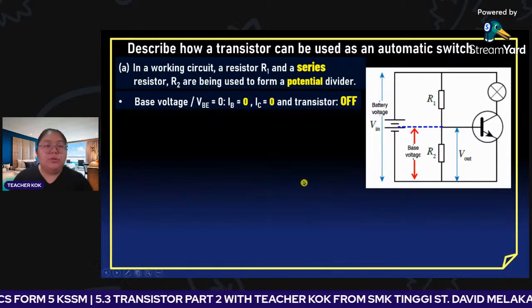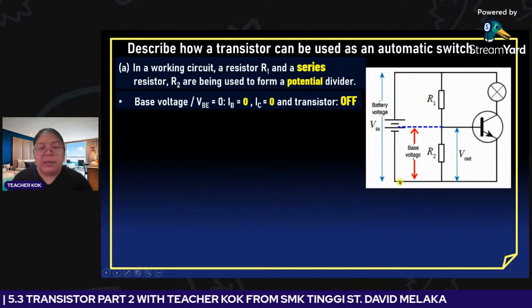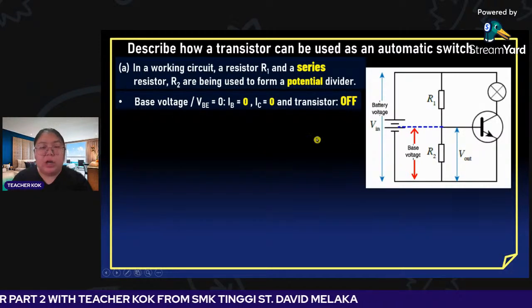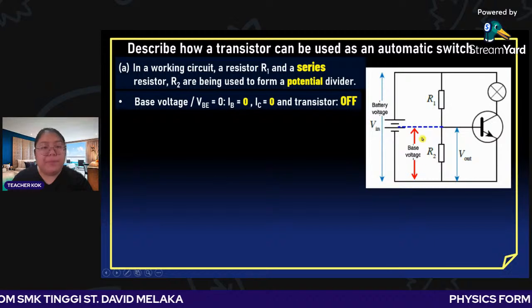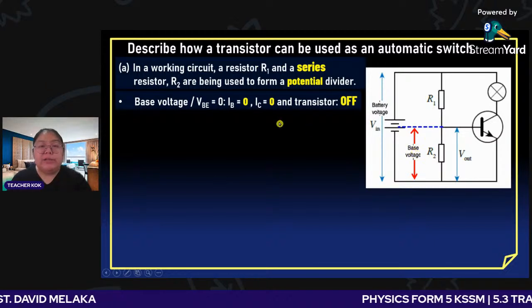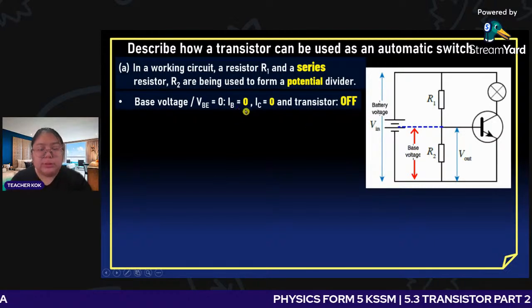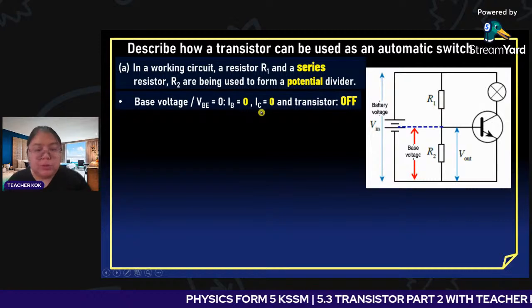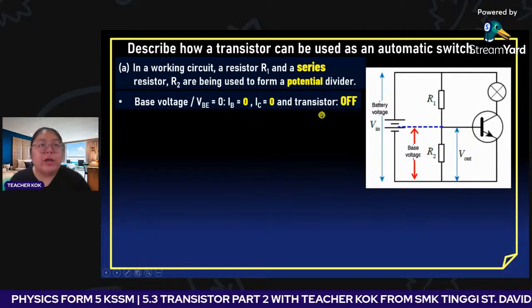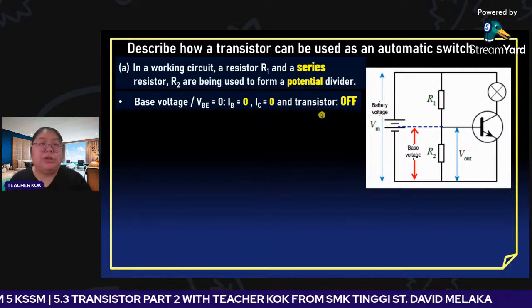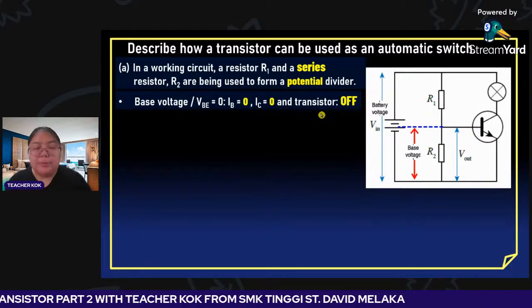Then we go to the base voltage. This one we call the base voltage, VBE, between base and emitter. Okay, if I say IB is 0, then IC is also 0. So how about the transistor? Off. The transistor cannot function because there is no current.